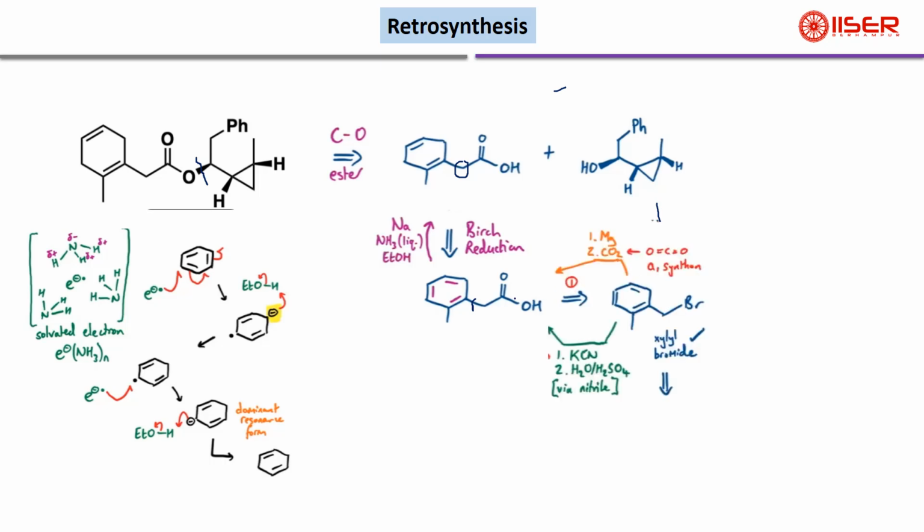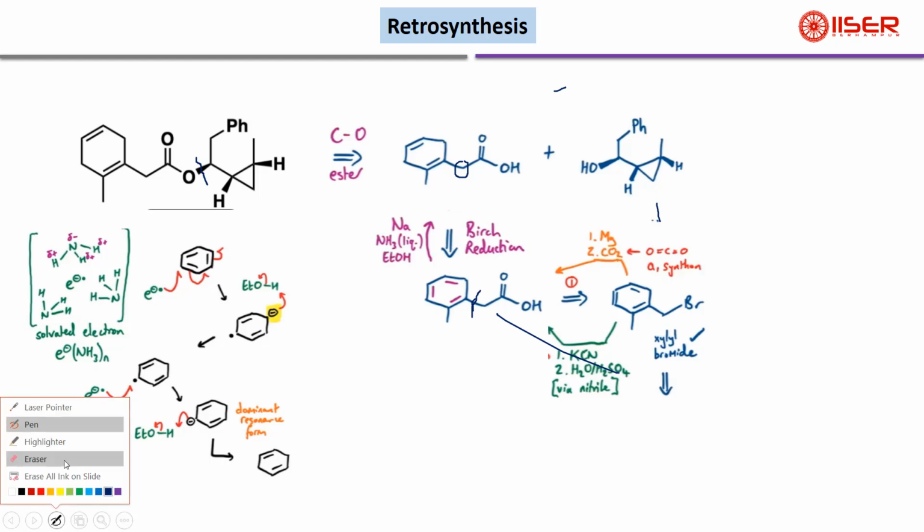if you just break this bond, and add a bromine here, and instead of CO2H we can add KCN or CuCN.